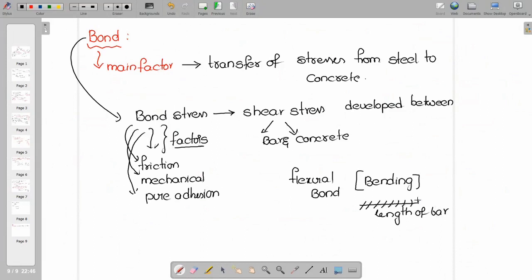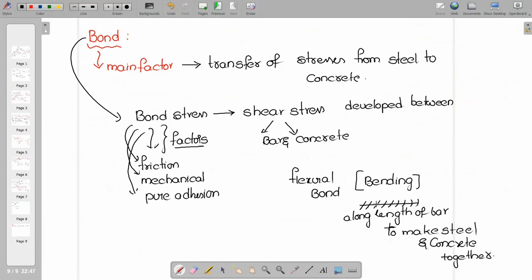The intention of bond is to make steel and concrete act together. So along the length, whatever stress is developed is called flexural bond.